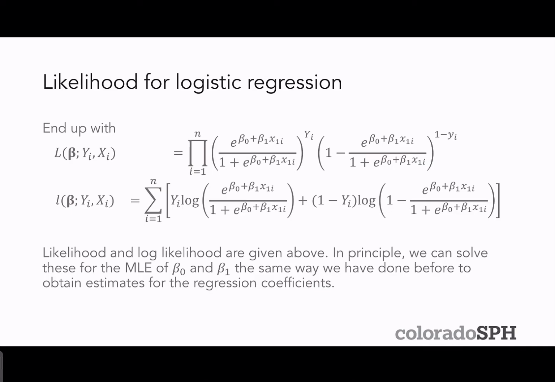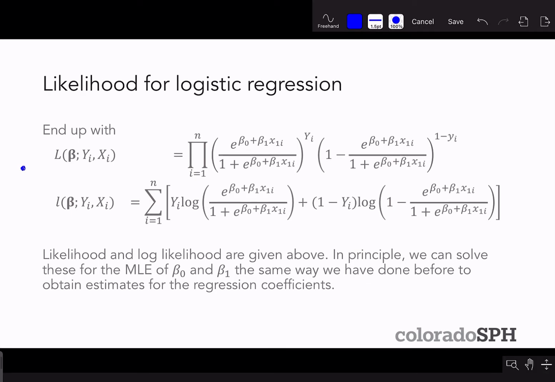So that brings us to the same likelihood that I have written down here. Here we only have beta equals beta 1 and beta 0, but this would generalize to p betas if you have p covariates in your model.